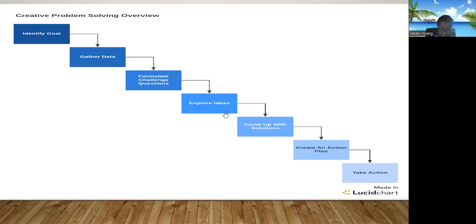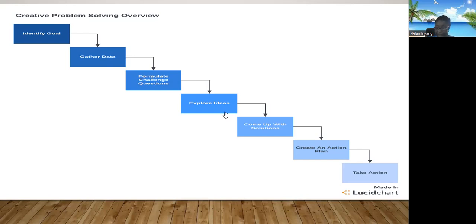This is usually when creativity really starts to flow. With so many ideas flowing in your mind, it's crucial that you write each of them down, the various ideas that come into your mind.